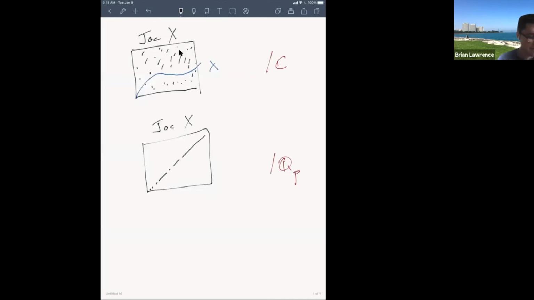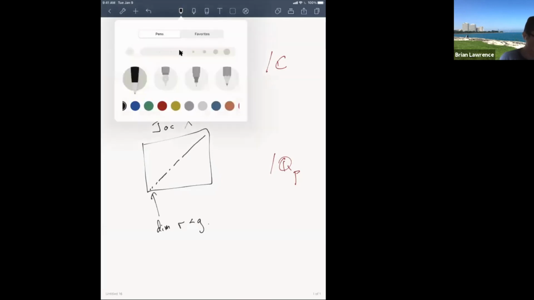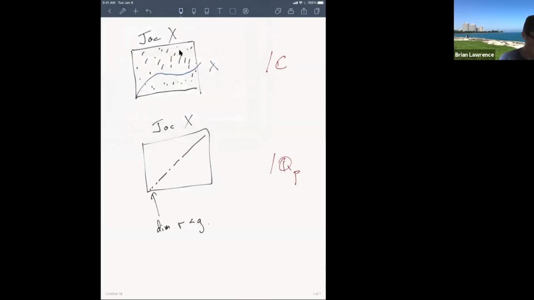In general, if the rational points form a subgroup with R generators, then they'll be confined to some analytic subset of dimension R. And if R is less than G, then that analytic subset will intersect the curve X in a finite set.